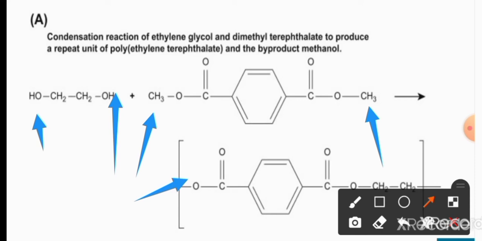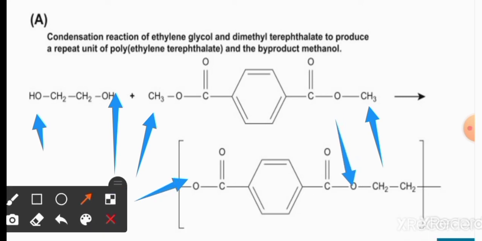After that, C double bond O, and to this oxygen, this CH2CH2 gets bonded to form a condensation polymer, polyethylene terephthalate. In this process, a CH3OH molecule is removed. Therefore, this is condensation polymerization.